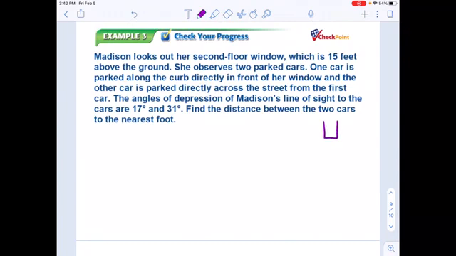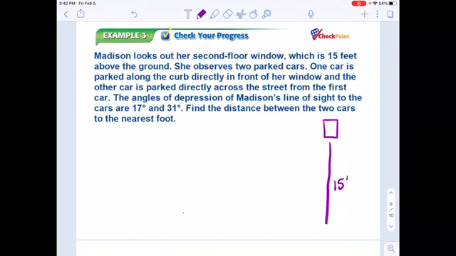So this is basically the same as the dolphin one. We have the window. This is 15 feet up. There's two cars. We have this car, I'm just going to draw them in circles because I'm not an artist, and this car.